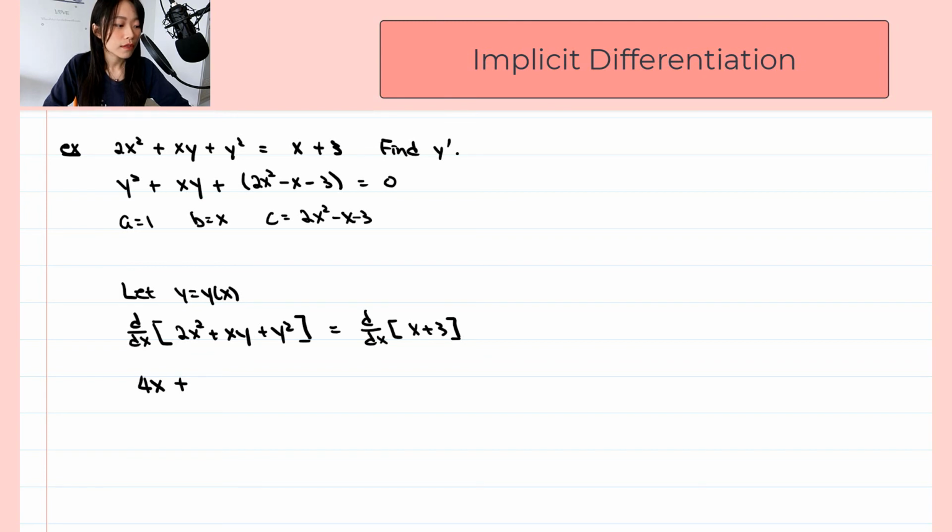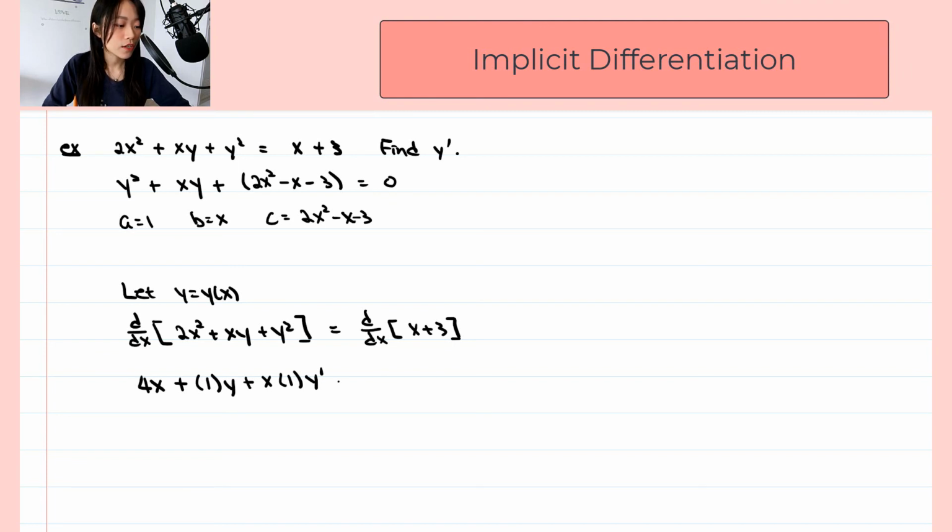The product rule says the derivative of x times y is the derivative of x times y plus x times the derivative of y, which is 1 times y prime, since we have to use the chain rule whenever we have a derivative of y.